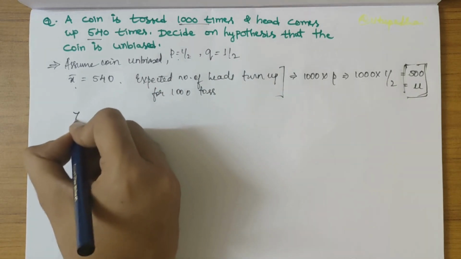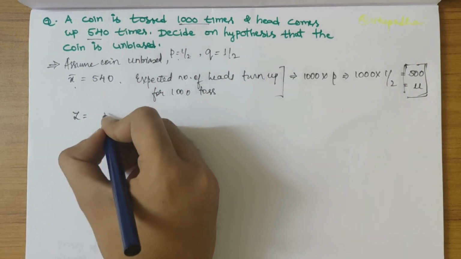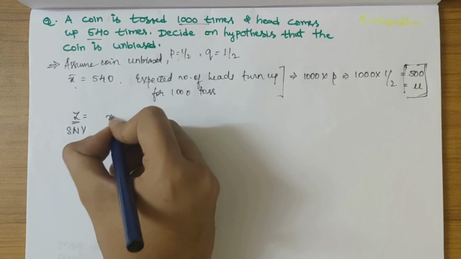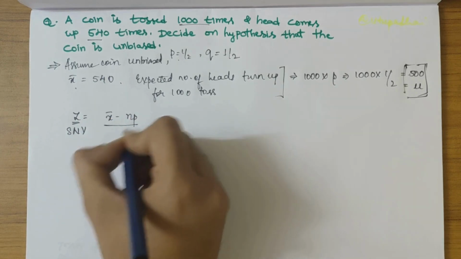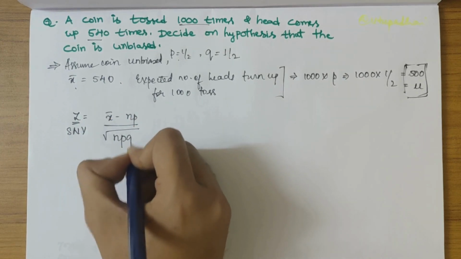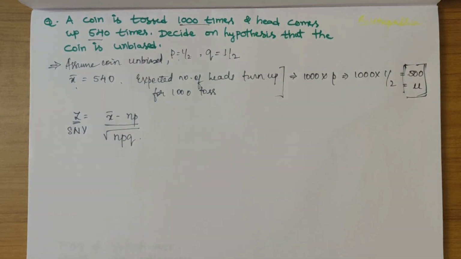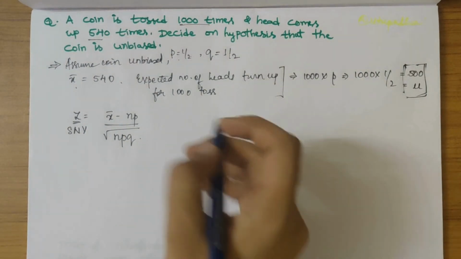Now we can write the formula for the Z value, that is the standard normal variate, as x bar minus NP by under root NPQ. If you have watched the formulae video, I have explained this formula.